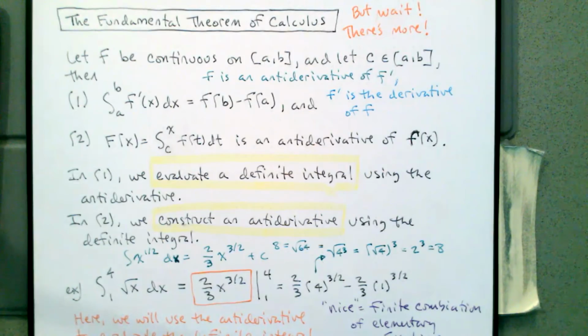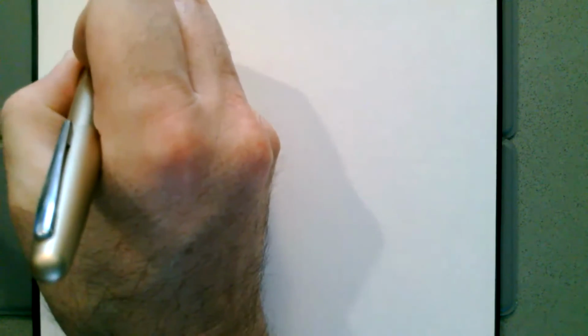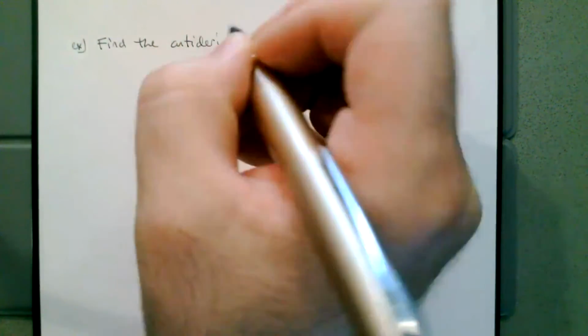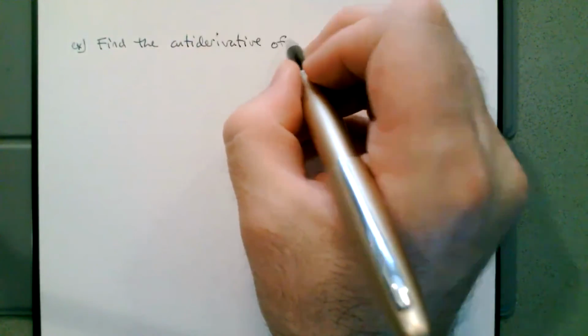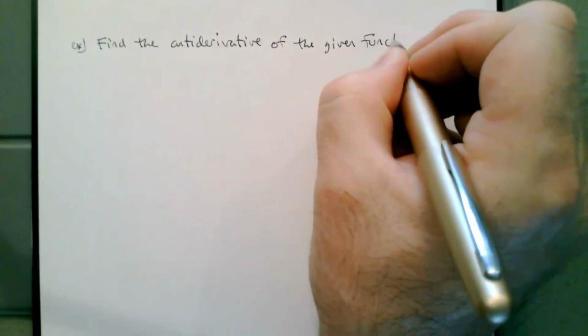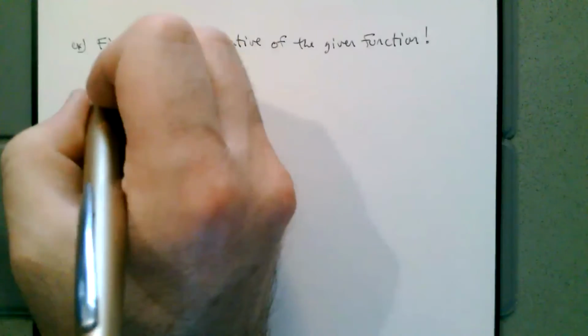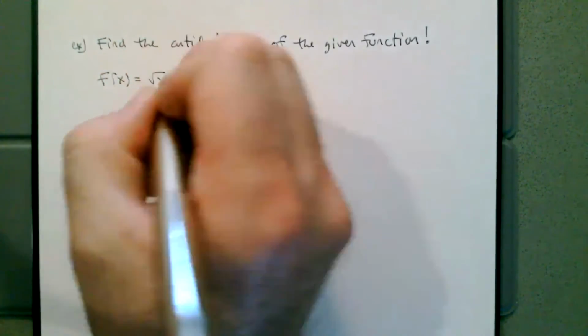Now, this becomes very dangerous knowledge because eventually I'm going to ask you for a bunch of antiderivatives. I'll say something like, find the antiderivative of the function. And then I'll give you a function, say f of x is square root of x.